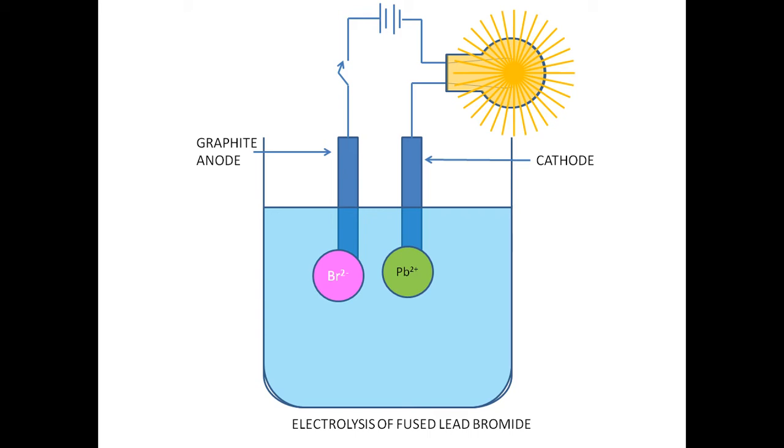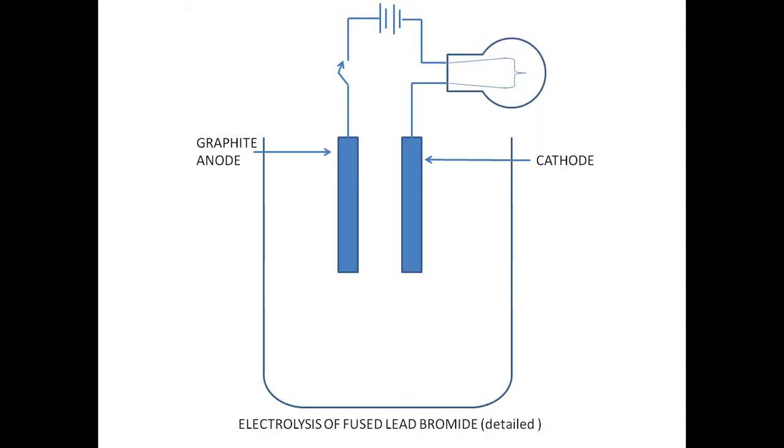In the experiment which we have done just now, we took the compound lead bromide, and lead bromide has only two ions. The first is lead ions and the second one is bromide ions.